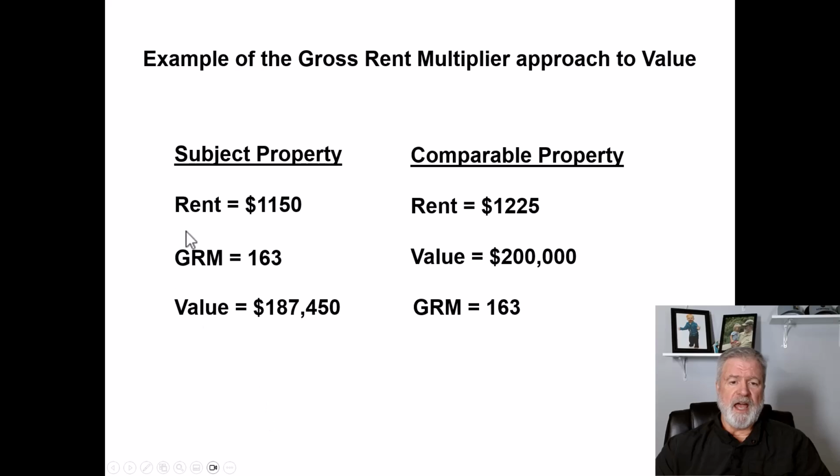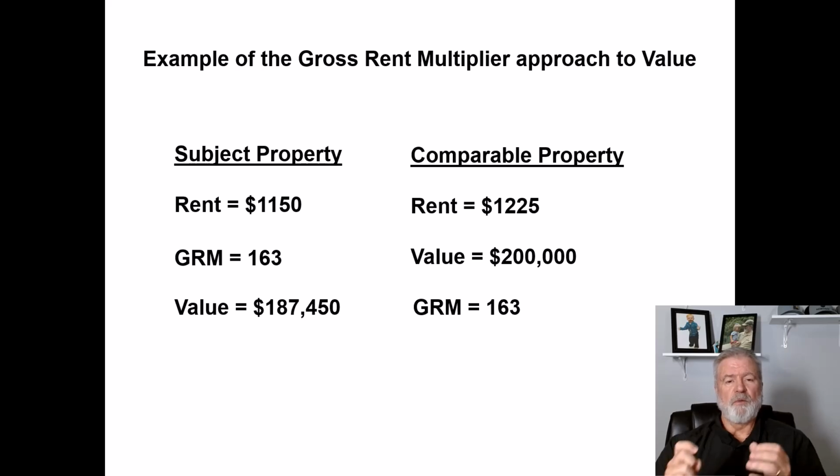But if you look at this gross rent multiplier right here, in this case it says the gross rent multiplier is 163. Well, what does that mean? What that means is this: if I pay $1,225 a month, which is what the rent is, and I pay that $1,225 for 163 months, that's going to pay off $200,000, right?